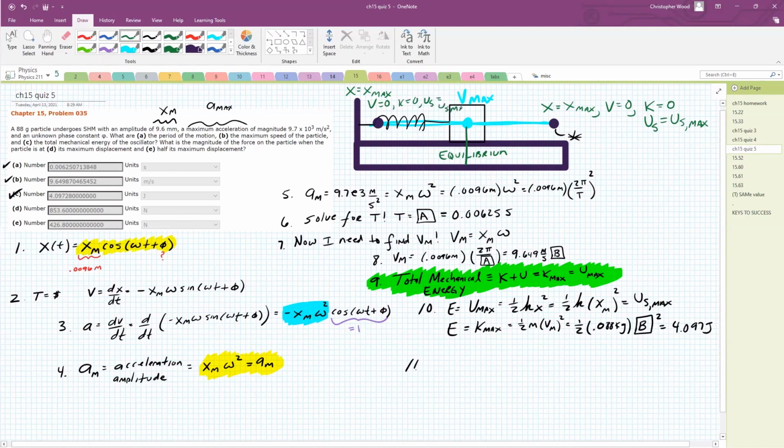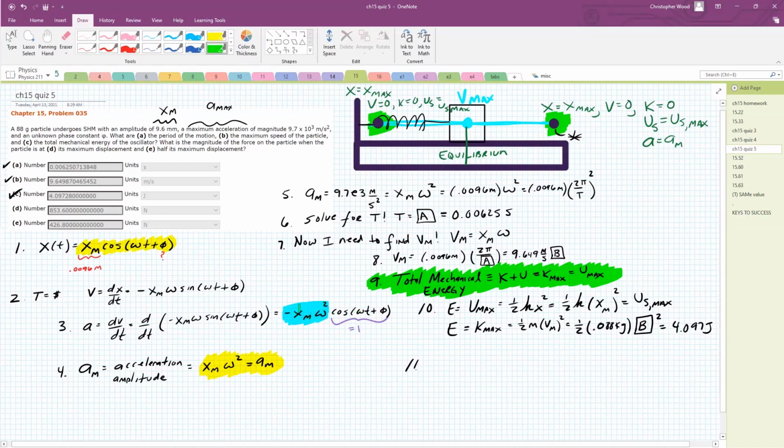And I'm going to add one other: a equals a max. This is where I have my peak, at these extreme points, at this far right point, or equivalently at this far left point. At these extreme points, when I have zero velocity, I have maximum acceleration. Why is that?